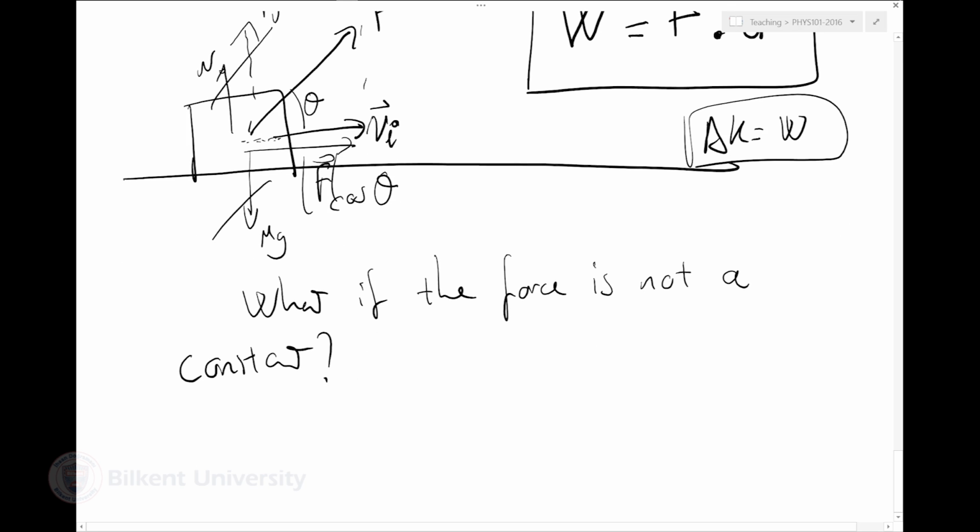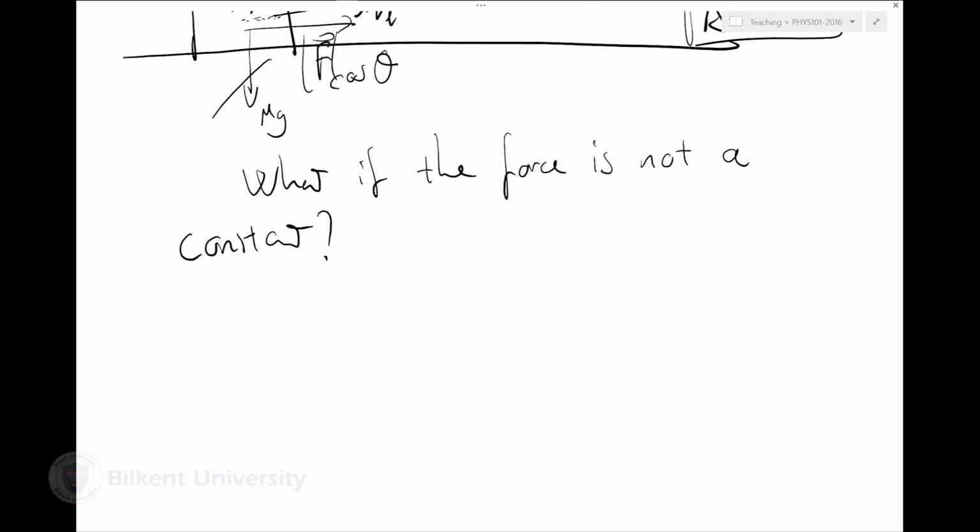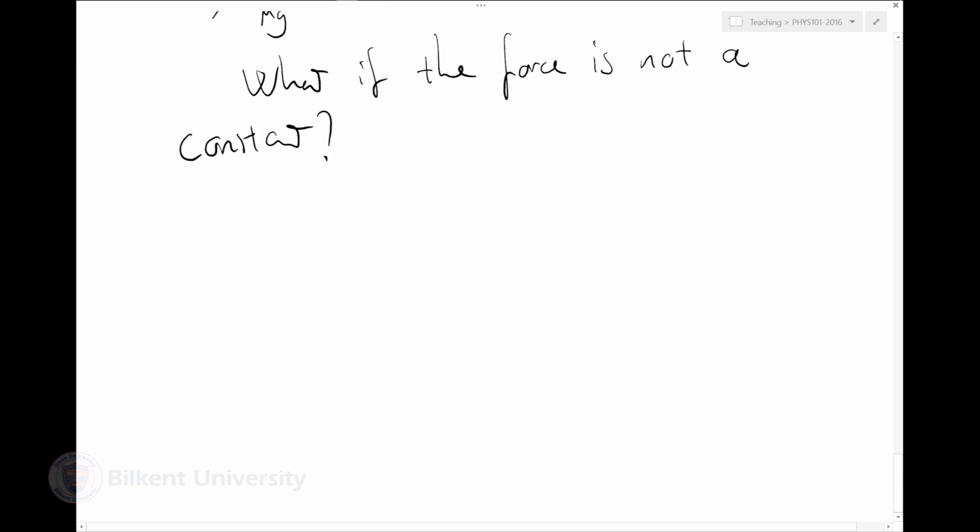Now, here's the thing. Why are you taking a calculus course? The whole thing that calculus course teaches you to do is, if you can do something for a constant function, you should be able to do it for any continuous function. How do you do that? By going to differential changes, right? Thinking about very small changes. So this is exactly what I'll do.